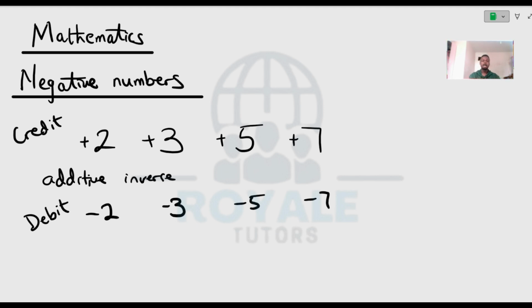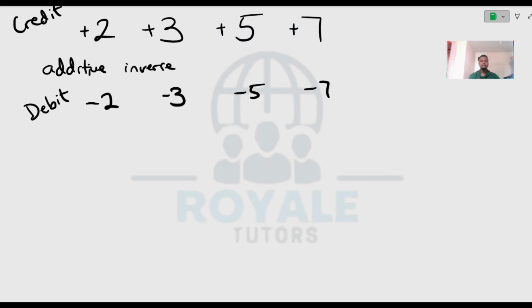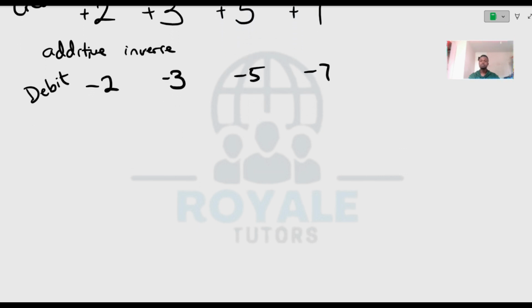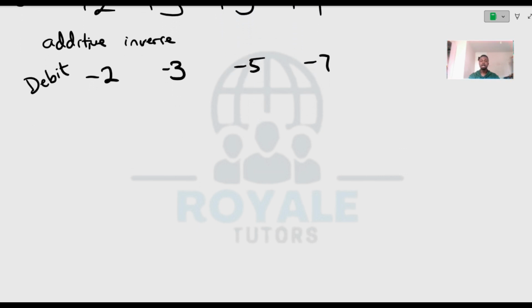Before I go deeply into that, I'm going to talk about a scenario of someone visiting a child and giving the child a sum of £10. Because it was given, it is addition. That is credit.